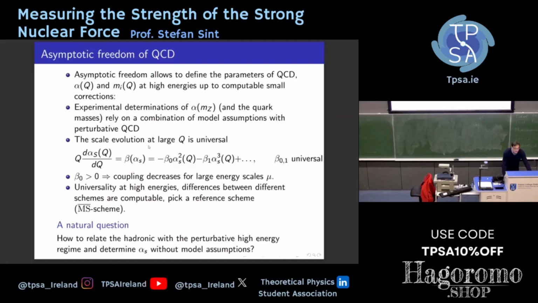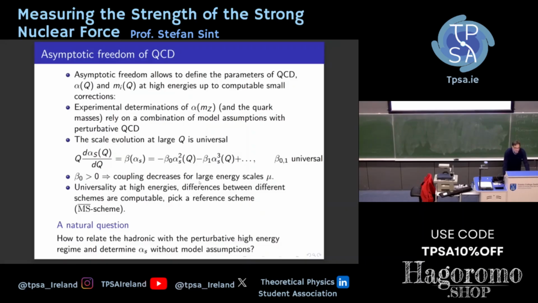If you look at the scale evolution at large Q in QCD, you find that alpha depends on Q. This is the so-called beta function that defines that. It has a perturbative expansion in alpha, so you do a series expansion in alpha. The first term is minus beta 0 alpha squared, where beta 0 is a positive coefficient.